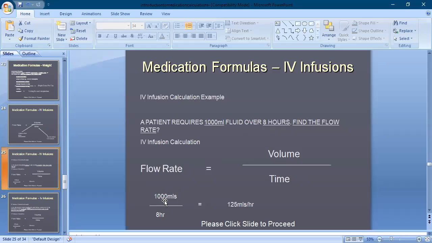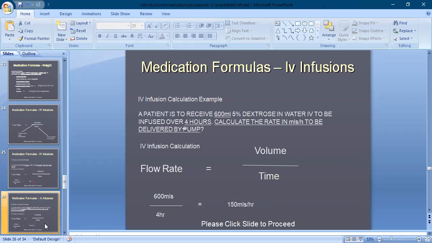So 1000 divided by 8 hours means 125 ml per hour. This is the flow rate, and this is the unit of flow rate, right? So 125 mL per hour. This is the formula we used.